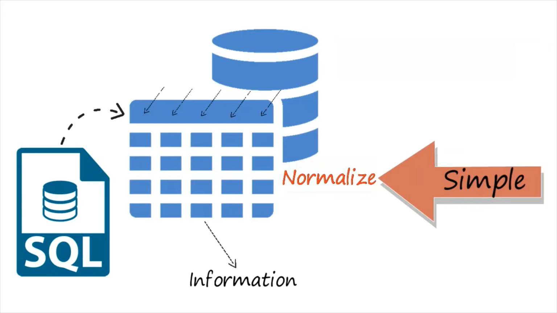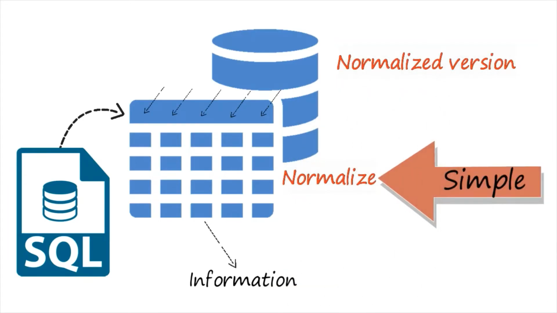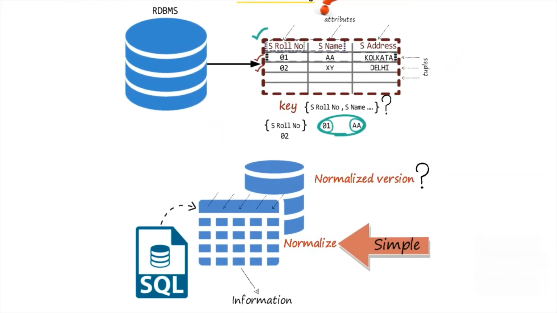So this is our target. So whenever we have our database management system where all the information is stored in the form of a table, finding the normalized version of this table is very important. Now the question is, who will help us to find this normalized table?